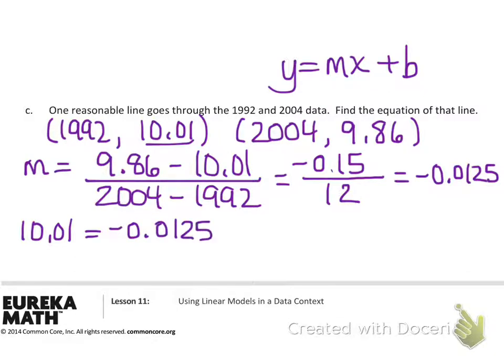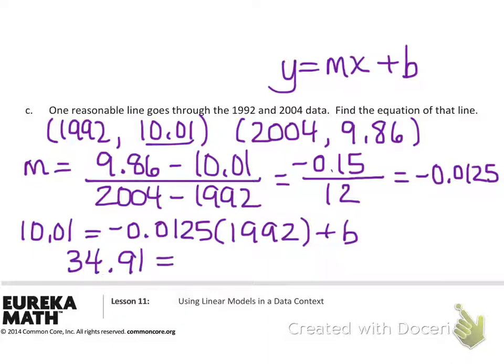You're getting so much experience finding the equation of a line using 2 points by doing these scatter plots, right? We did that, but now you're really using it, plus some y-intercept here. Okay, so if I solve for that y-intercept, I get 34 and 91/100 is my y-intercept.